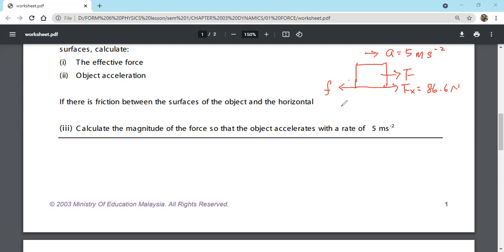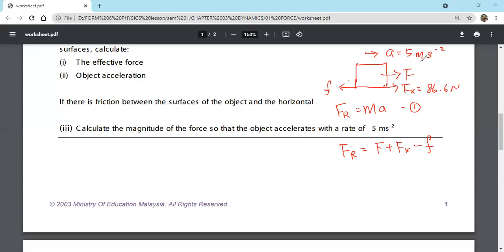Now, as we know, FR, the resultant force, is equal to ma. Second, FR the resultant force is equal to what? That means it will be F plus Fx minus the frictional force, right?